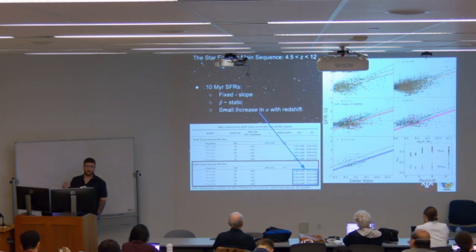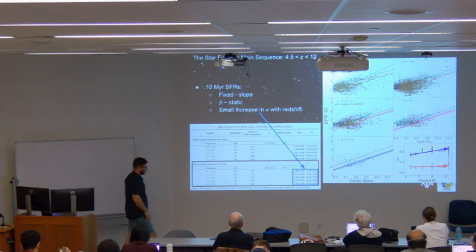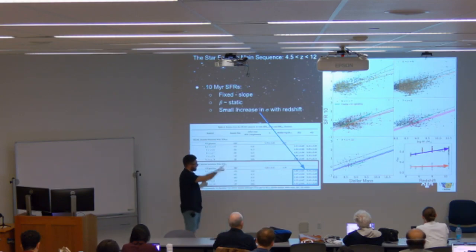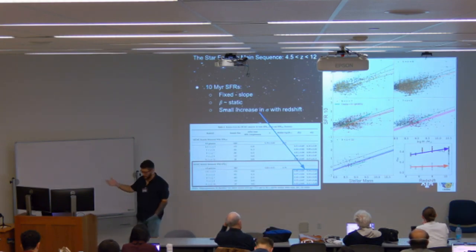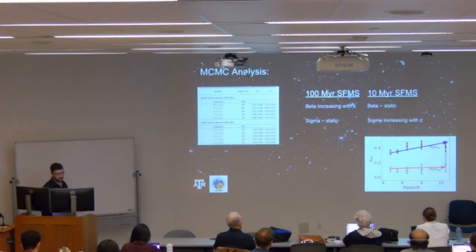And that's not something that we would expect from lower redshift studies. This is really what I have focused almost the last year and a half on, that blue line, that increase in sigma, the intrinsic scatter of the star forming main sequence.